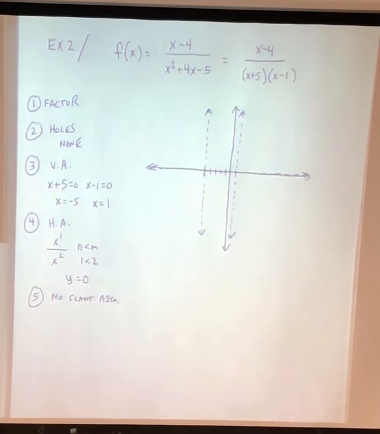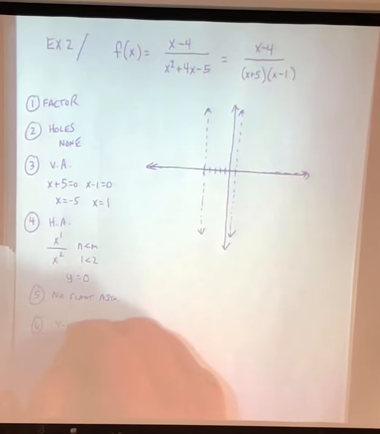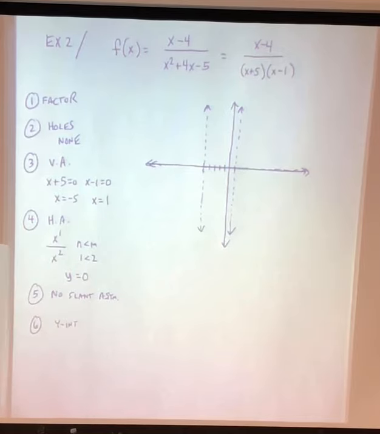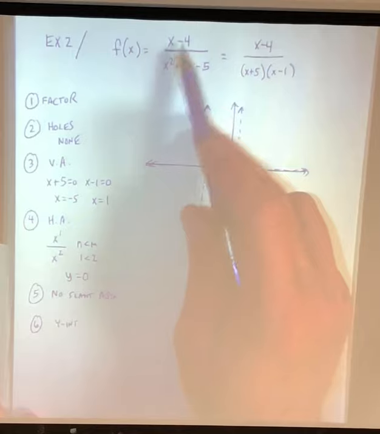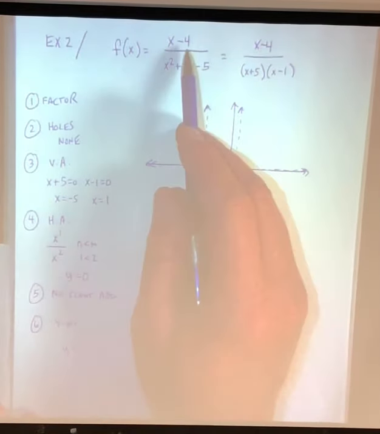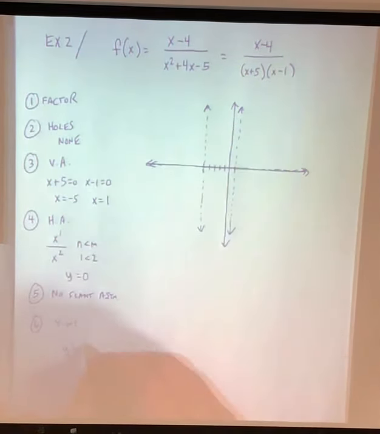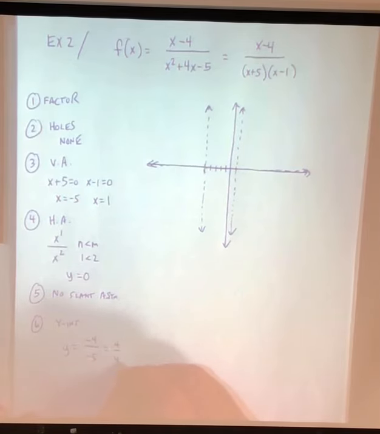we're going to put in 0 for x, so let's do that real quick. Y-intercept. If I put in 0 for x, and you can put it in either one of these, if I do just the first part, I get y equals negative 4 on the top and negative 5 on the bottom. So basically my y-intercept is 4/5.